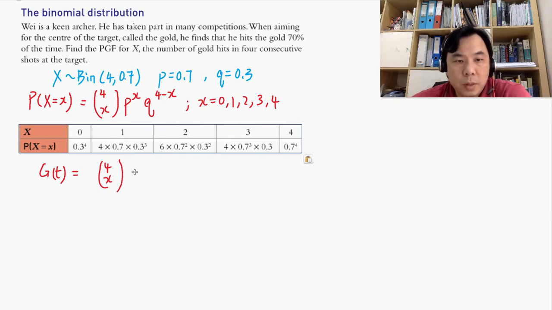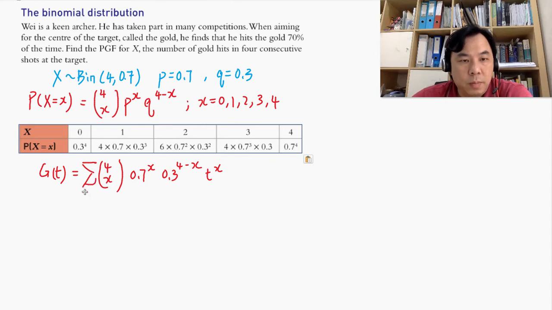Okay, the p is 0.7, so I might as well write down 0.7 to the power x. This is 0.3 to the power of 4 minus x. And then we need to multiply by t to the power x here, and sum up all these individual probabilities from x equal to 0 until 4. Okay, now that's how the notation looks like.